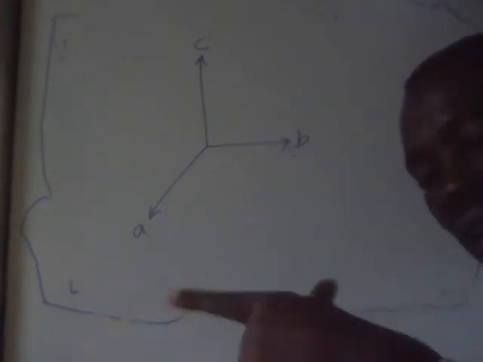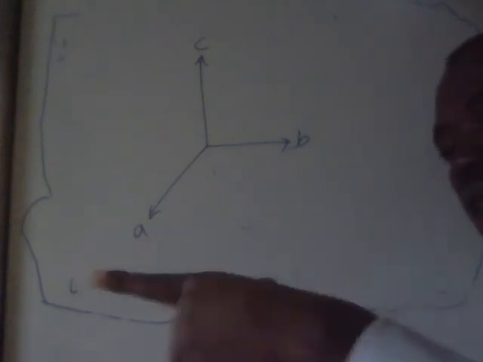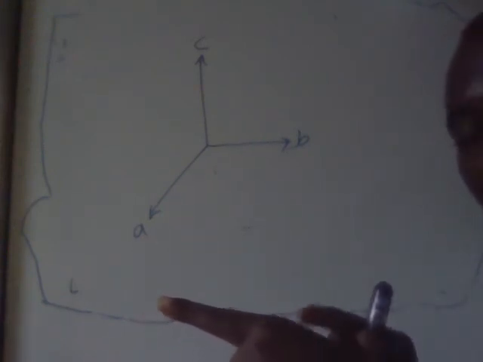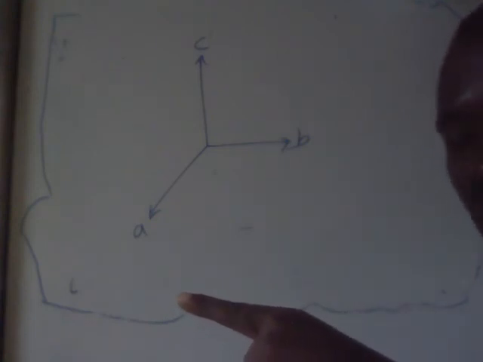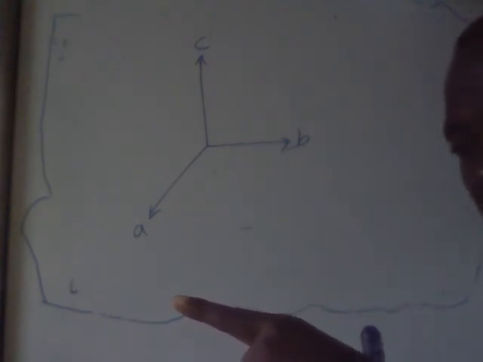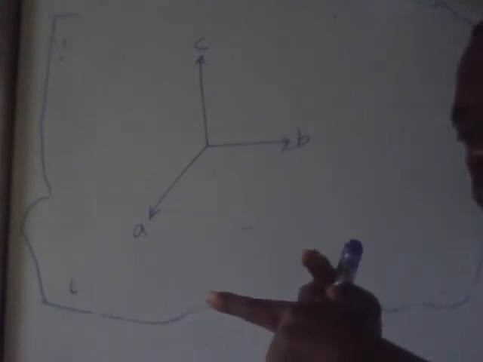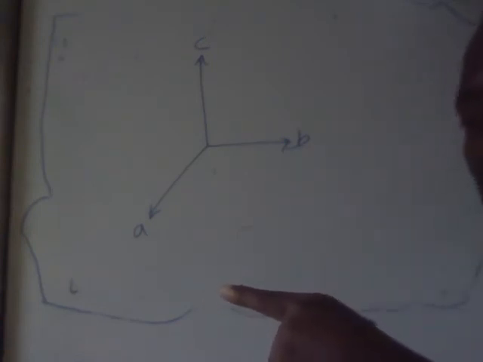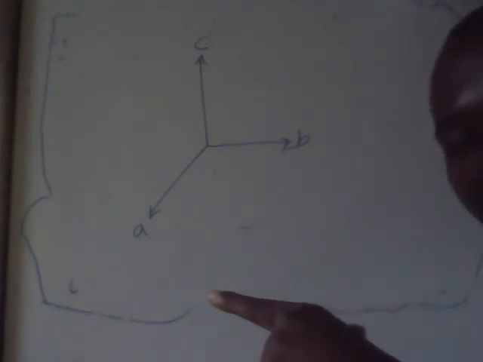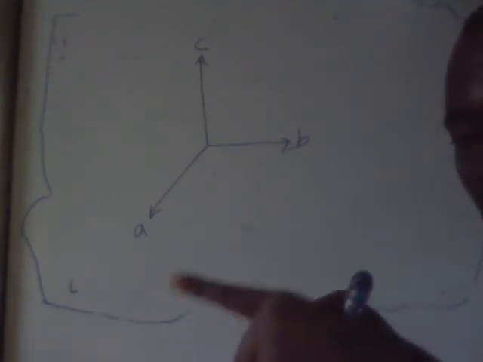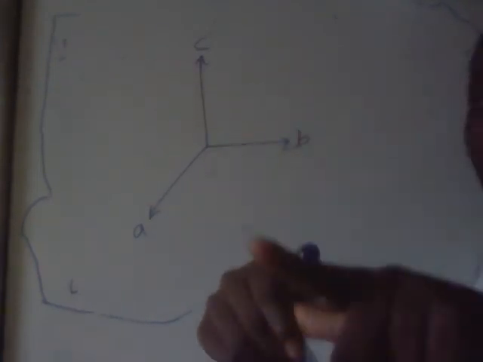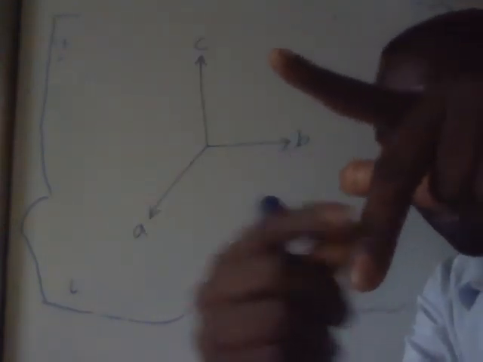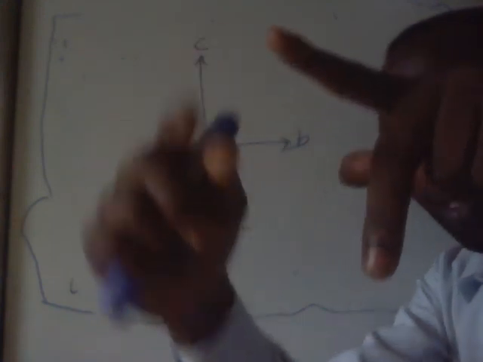It states that when the thumb, the forefinger and the second finger are stretched out, this is the thumb, the forefinger, the second finger.